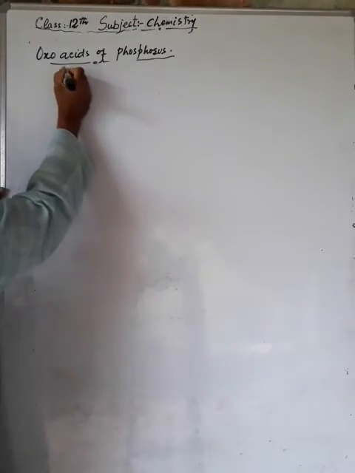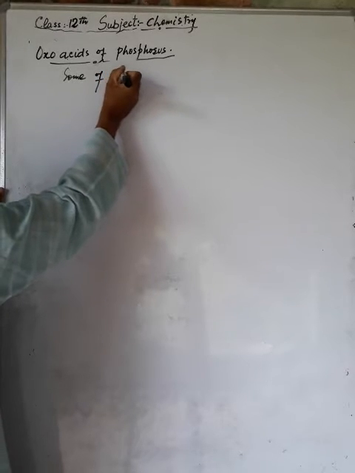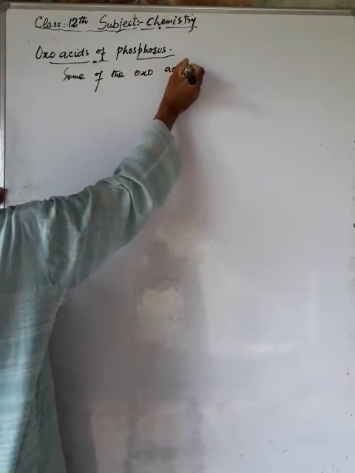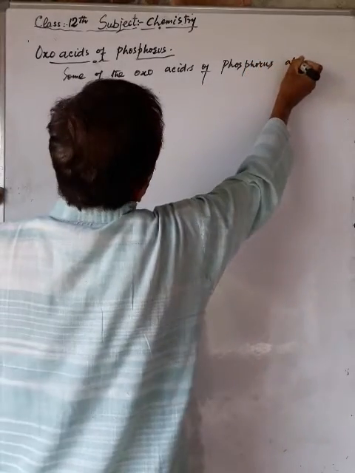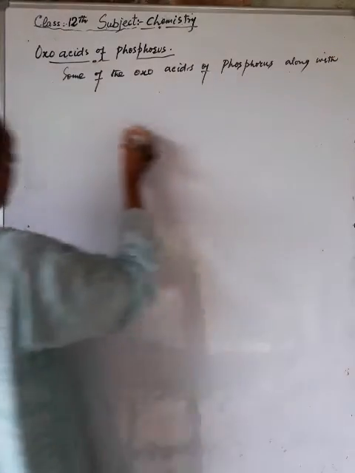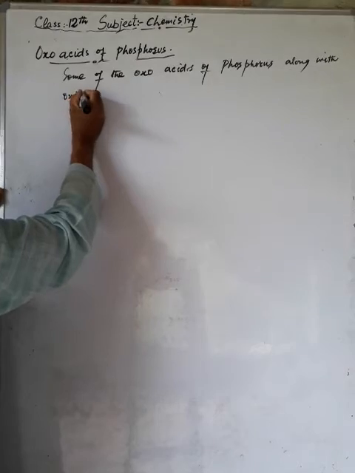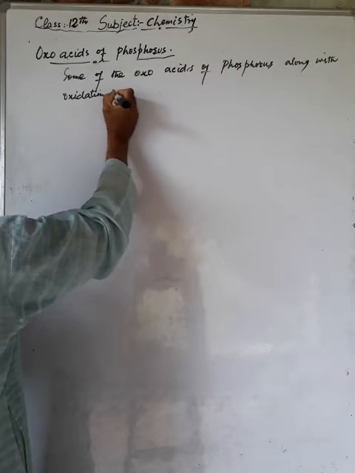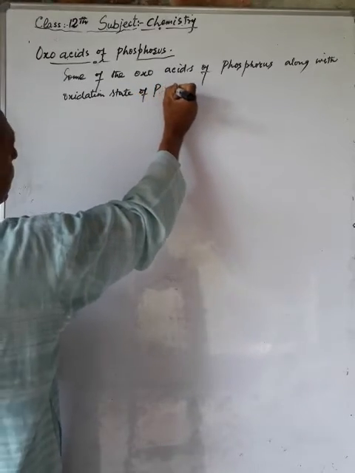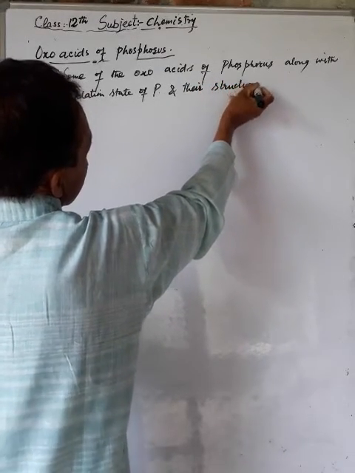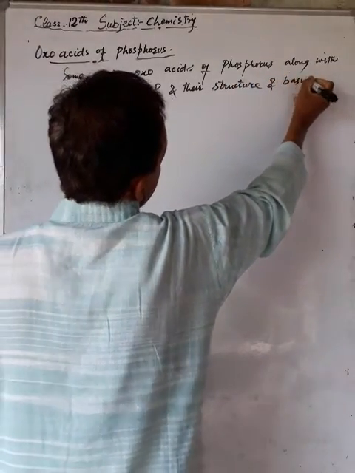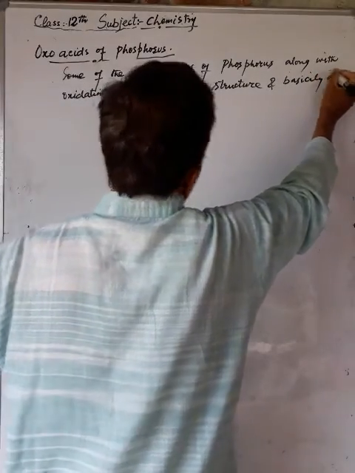There are a number of oxoacids of the phosphorus, but some important oxoacids of phosphorus along with oxidation state of phosphorus and their basicity, structure and basicity are as follows.